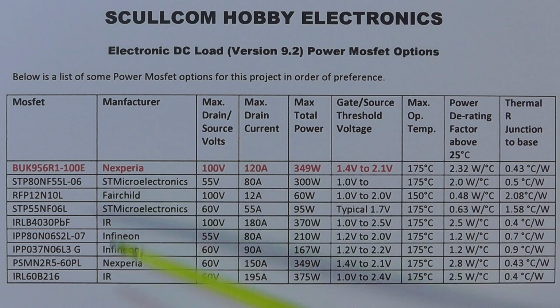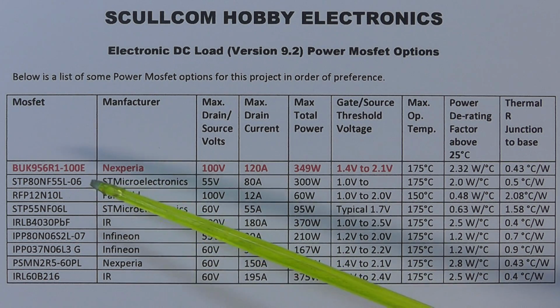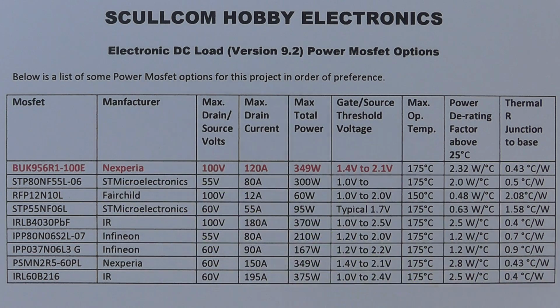I've put them in the order of preference, so obviously I still prefer, if you can get it, to use the BUK 956R1, but then in order of preference below that I'm giving you some alternatives. A nice alternative is the ST Microelectronics one, the STP80NF55L.